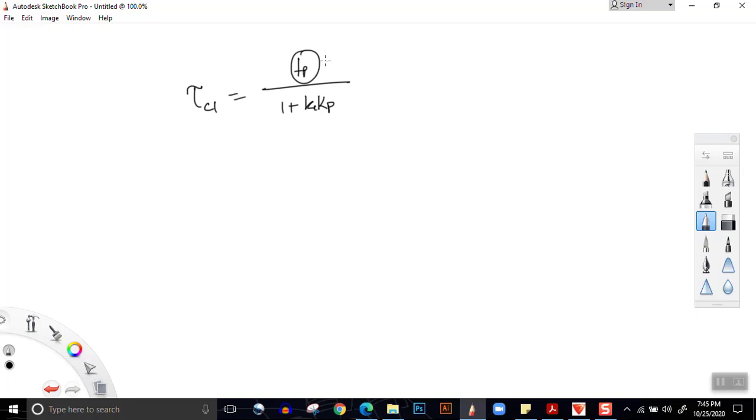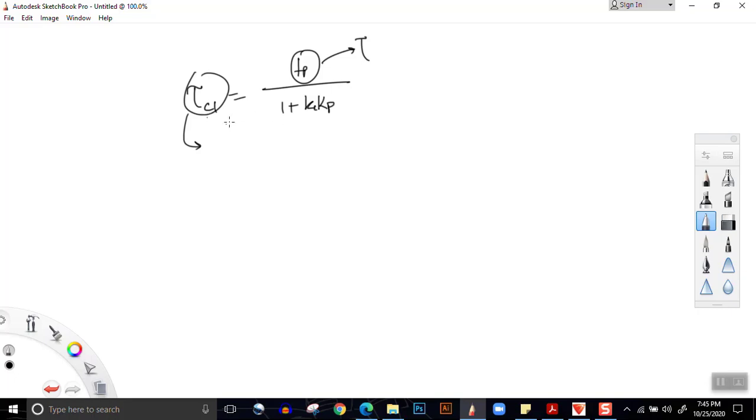Now this Tp is equal to the tau that you have measured earlier in experiment 1 and 2, and tau CL is the time constant of a feedback system. So what do we want? We want the system to be fast. That is, we want the time constant to be as low as possible.